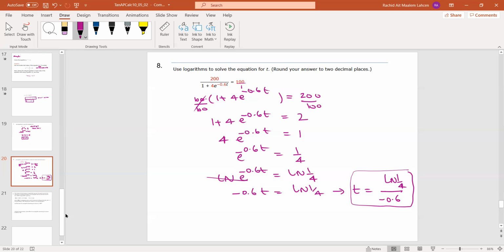And if we need the approximated value, all right, so two decimal places. So try it, and you should get 2.31.